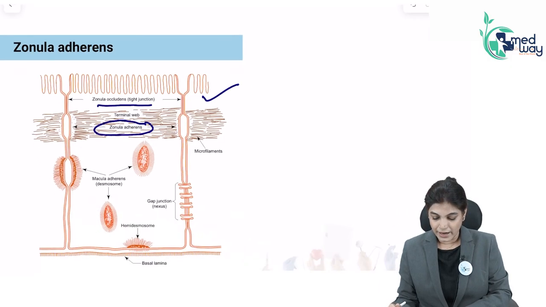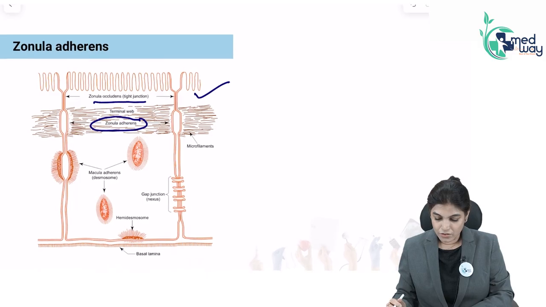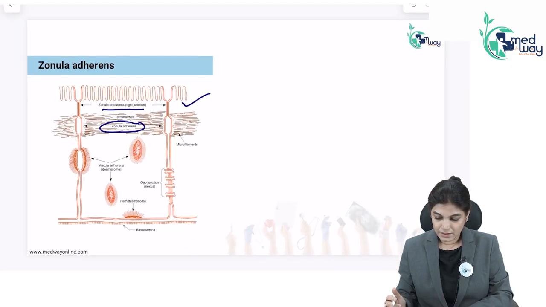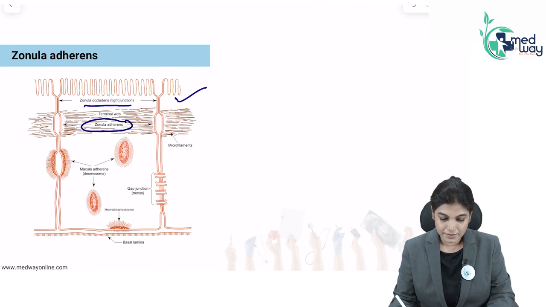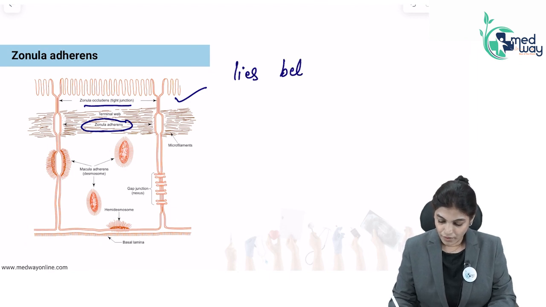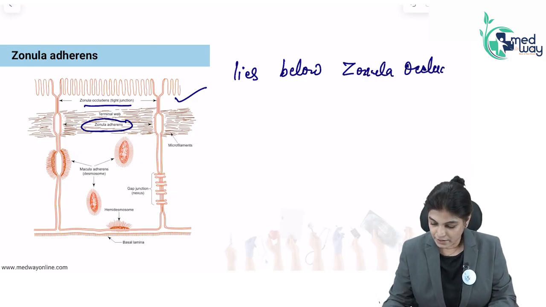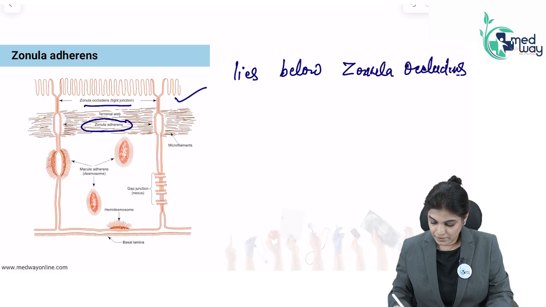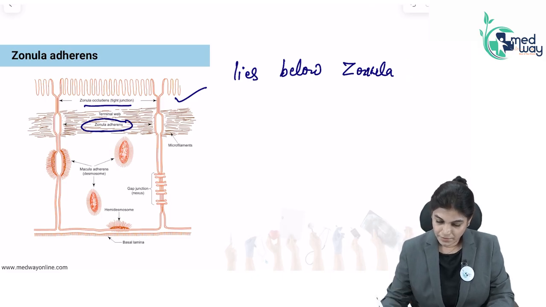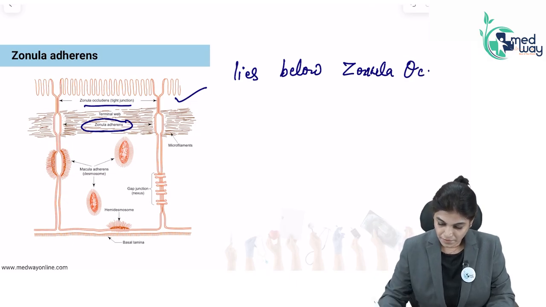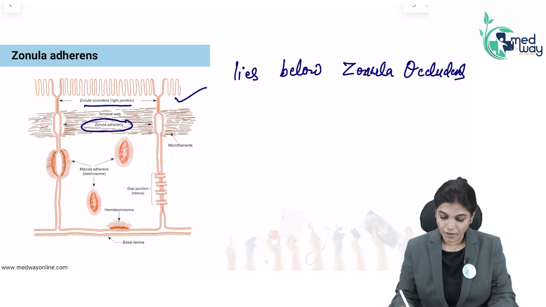So, please write down zonula adherens. It lies below the zonula occludens, so the location is below the zonula occludens.